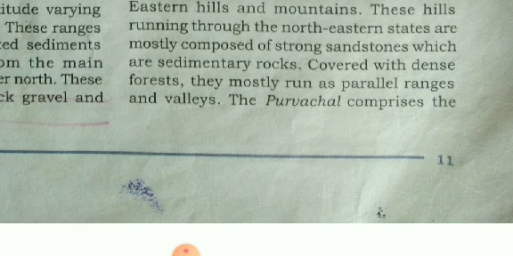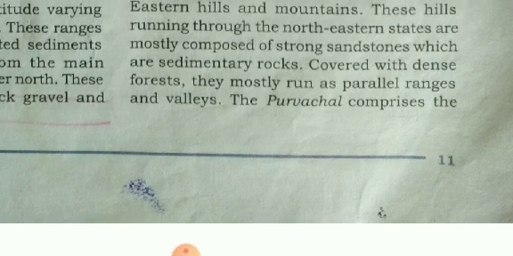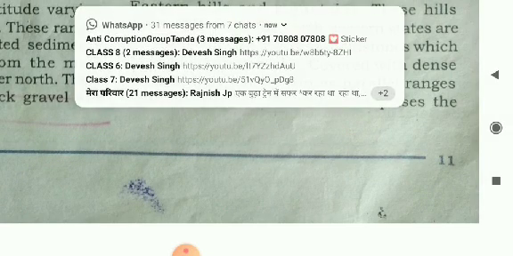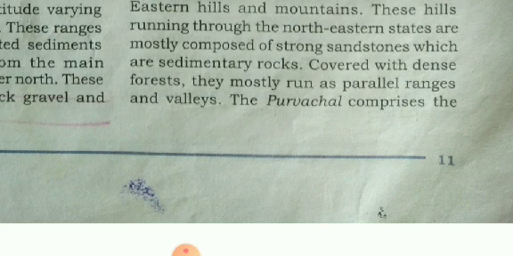These hills running through the northeastern states are mostly composed of strong sandstones, which are sedimentary rocks covered with dense forest. They mostly run as parallel ranges and valleys.